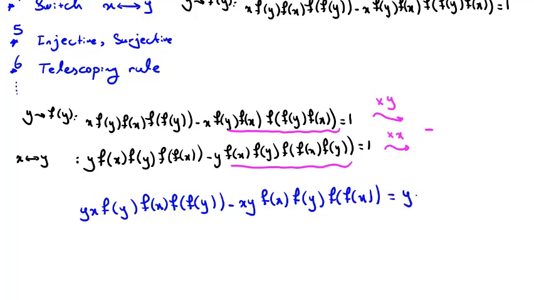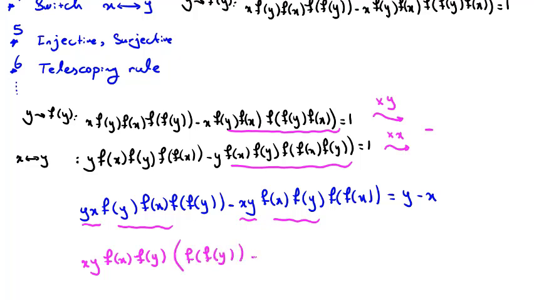It will be y minus x. Now here, if we factorize, we have what equal terms? We have yx here, f of x, f of y, f of x, f of y, so we can write xy, f of x, f of y, and then here f of y minus f of x equal y minus x. So we get rid of that complicated term.